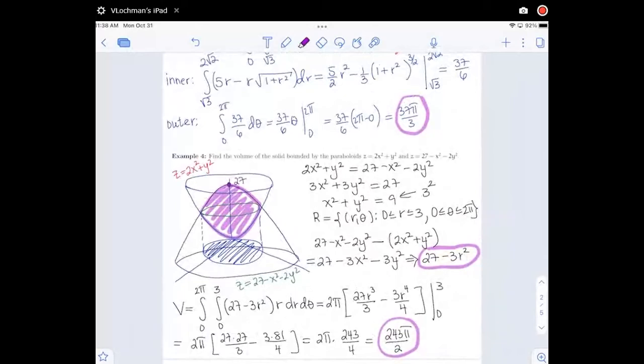Okay, let's take a look at this example. Review all the steps. Let me know if there's anything you'd like to discuss.